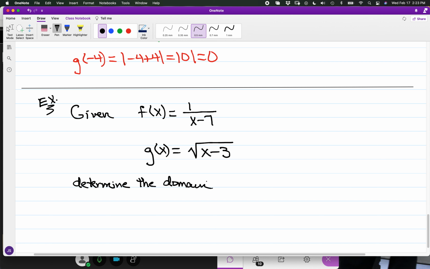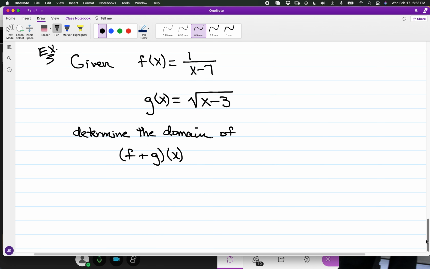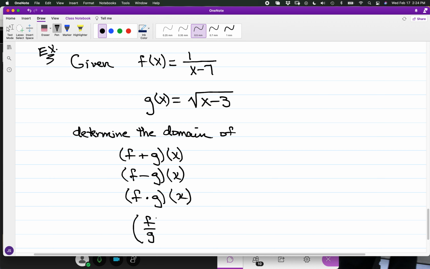Okay, so here, to determine the domain of the sum, the difference, the product, and the quotient function.